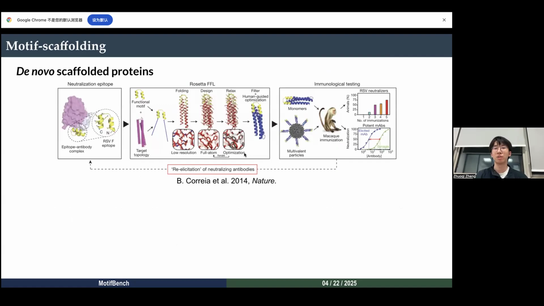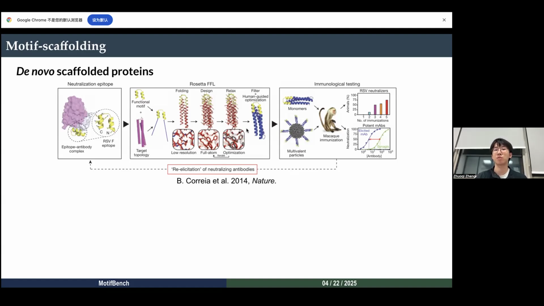So how can we use motif scaffolding to change our lives? Here are some examples. This is a work from about 10 years ago, where scientists first identified the epitope of an RSV protein, and then used iterative ab initio folding and design with optimization to obtain a final protein that can mimic the epitope of the virus protein and induce antibodies.